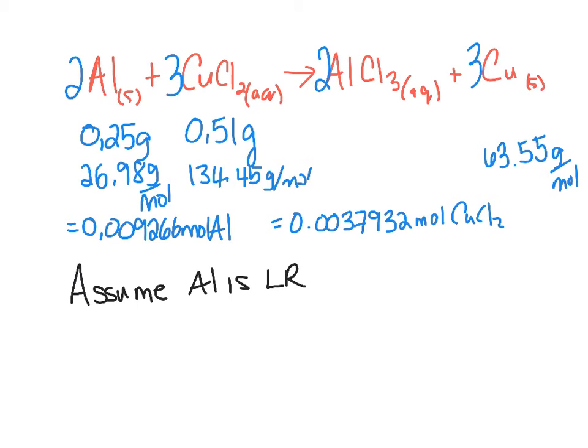Therefore, what you would have to do is figure out how much copper 2 chloride you would need. You'd have to figure out how much you would have to use up of copper 2 chloride. So you would take the moles of aluminum and you would figure out how much copper 2 chloride you need by using the mole ratio.